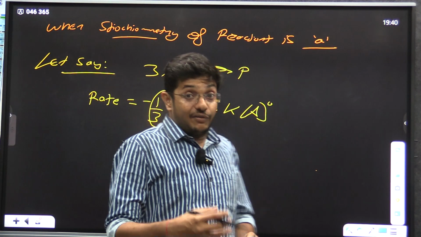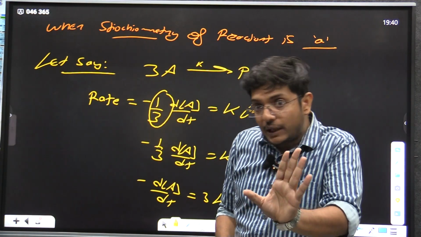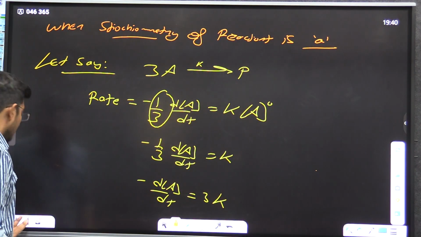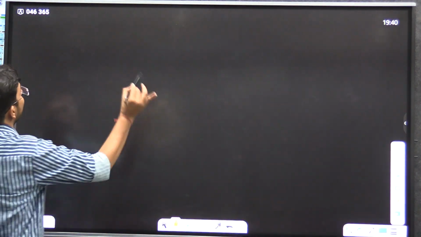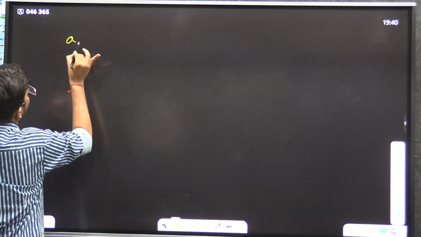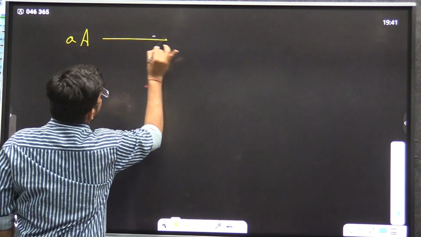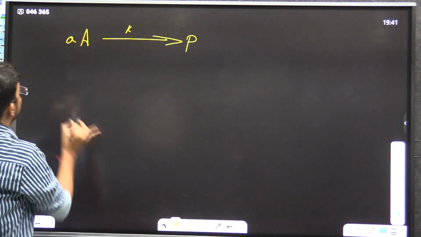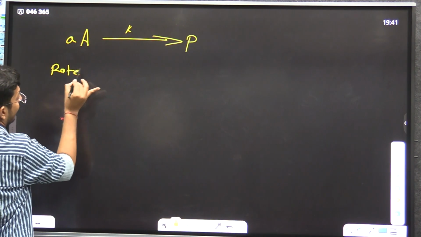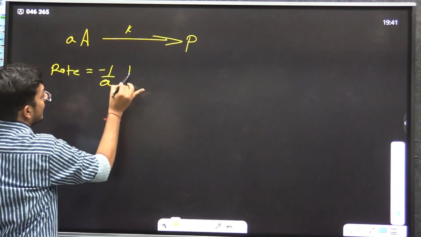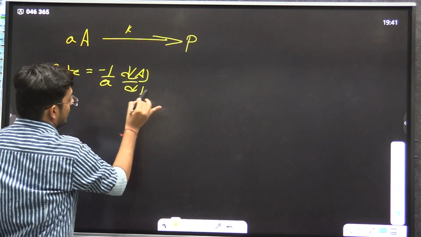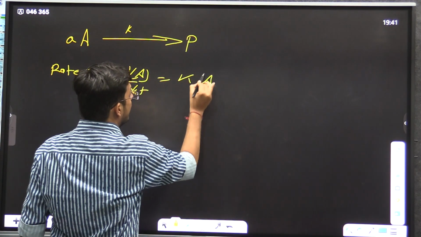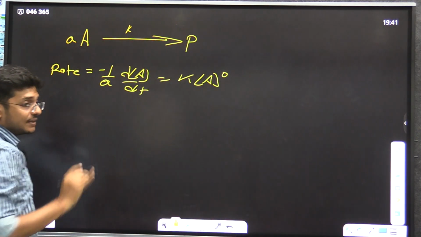So, sir, then what is the general data that we need to learn for the zero order? What is the general data? So, the general data says, let's assume a moles of reactant A changes to product P having the rate constant K. Now we can write that rate is minus 1 by a dA by dt. As we know, this is the rate law expression, equal to K A to the power 0 for the zero order kinetics.